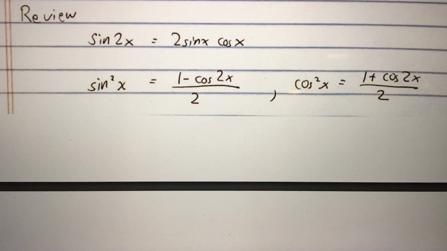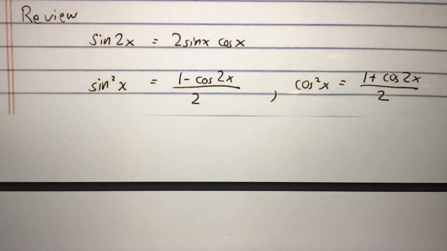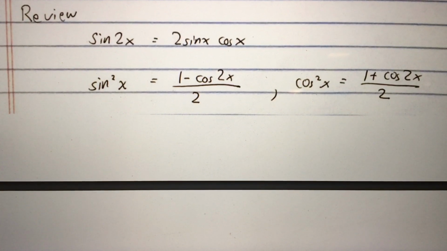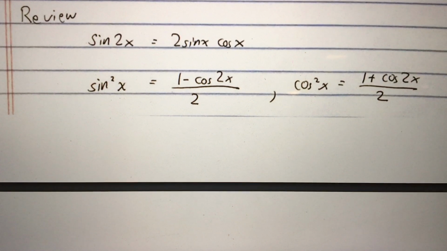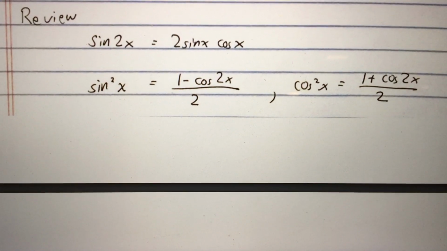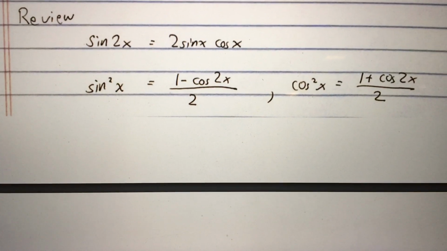I didn't bother writing down the most well-known trig identity, which is that sine squared plus cosine squared equals 1. But notice if you take that last line, the one with the cosine 2x's, and add those two fractions together, then the cosine 2x's cancel.